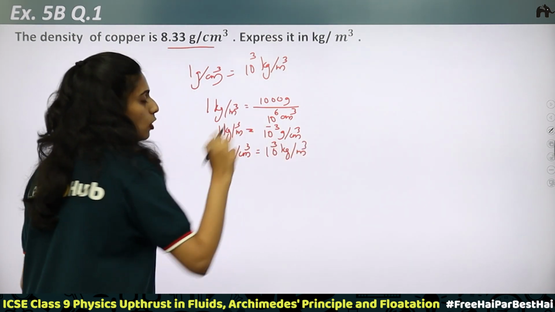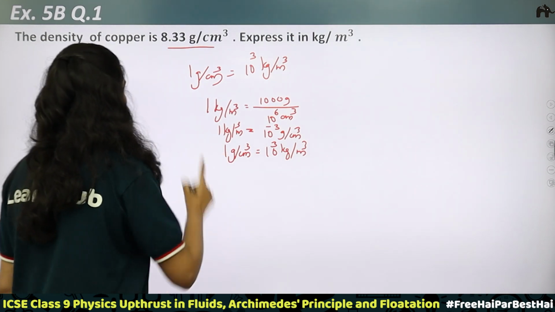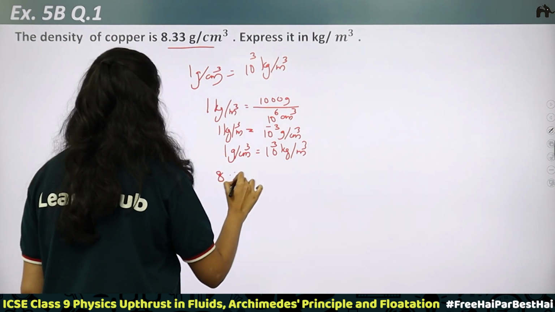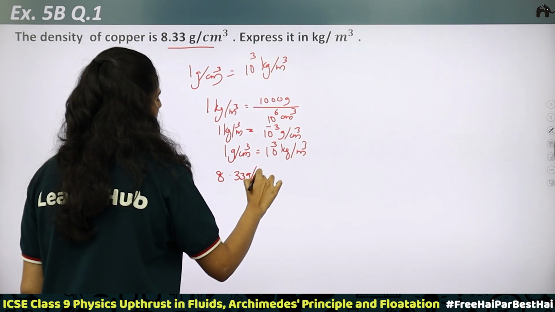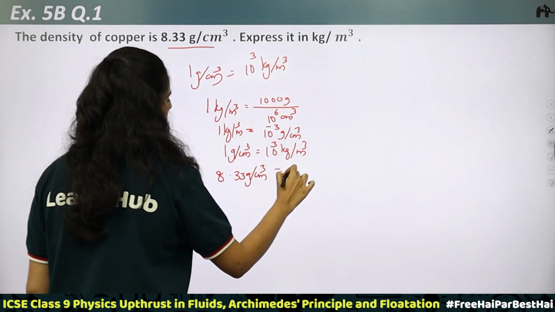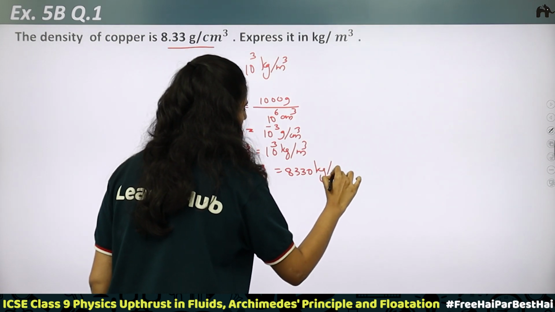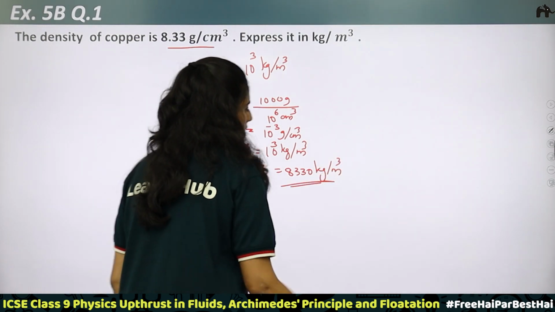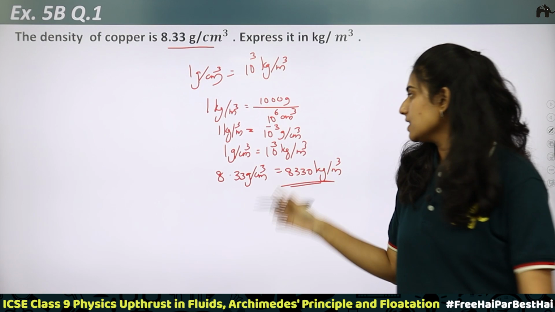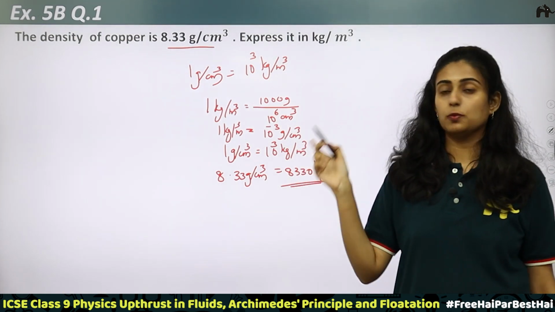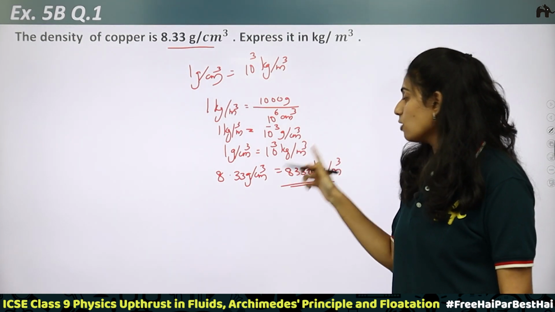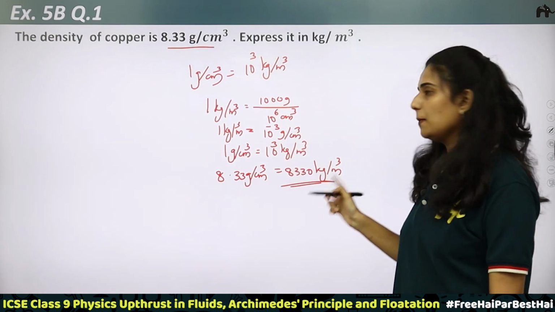This is how you obtain this relation. Now here we have 8.33 gram per centimeter cube, so it will be equal to 8330 kilogram per meter cube. This is the density of copper in the SI unit, 8330 kilogram per meter cube.